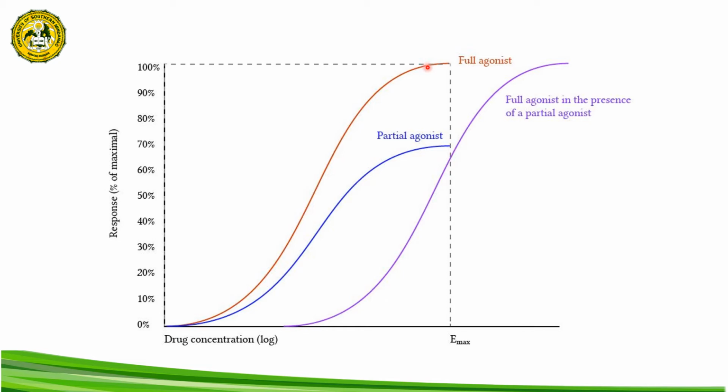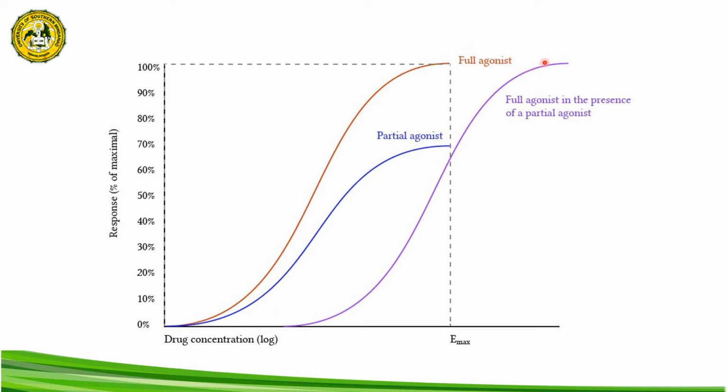In this diagram, you can see that when we administer a full agonist in the presence of a partial agonist, the efficacy of this particular drug is the same, provided that we increase the drug concentration, particularly the concentration of the full agonist.